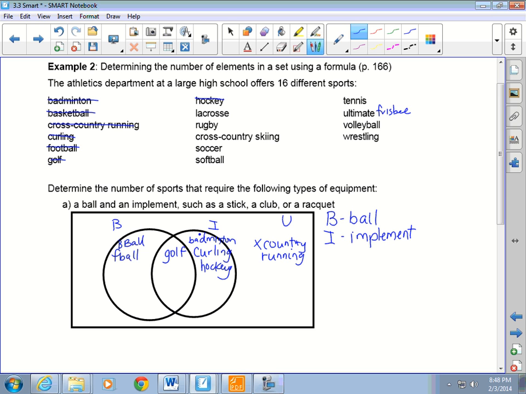Lacrosse uses a ball, and I can't remember what the lacrosse stick is called, but it would be considered an implement. Rugby just uses the ball. Cross-country skiing requires implements. You need the skis and the poles. Soccer is a ball. Softball requires a ball and a bat.